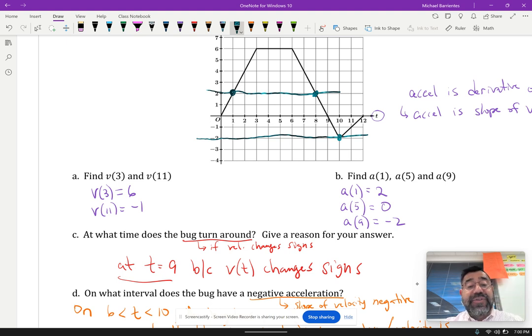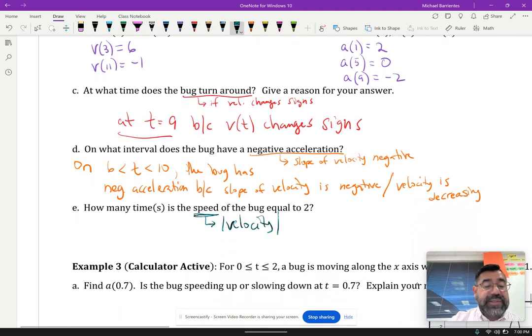Velocity is -2, velocity is +2. But speed, which is the absolute value, could be any one of these 3 spots. It could be at 1, it could be at 8, or it could be at 10. And those are my 3 possible times: at time 1, time 8, and time 10.